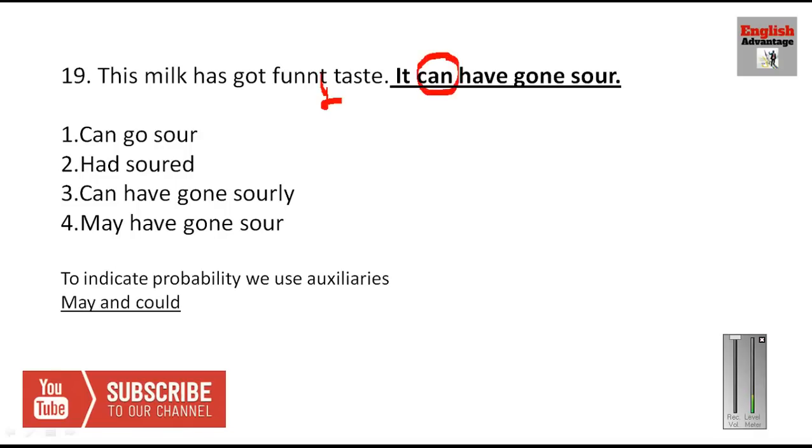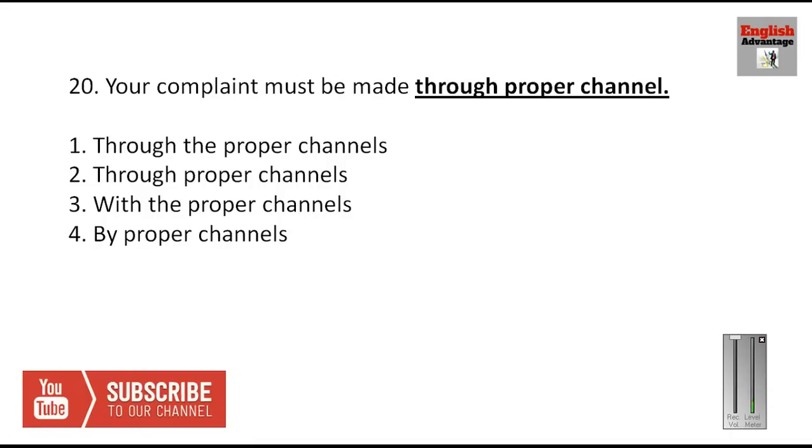To indicate probability we use the auxiliaries may and could. May and could are used for indicating probability. So here the answer would be may have gone sour. Okay, so this is how this sentence can be corrected. Now let us see the next sentence.